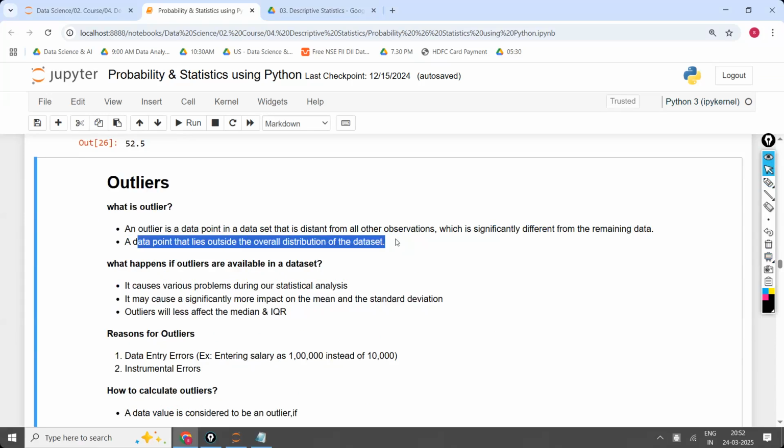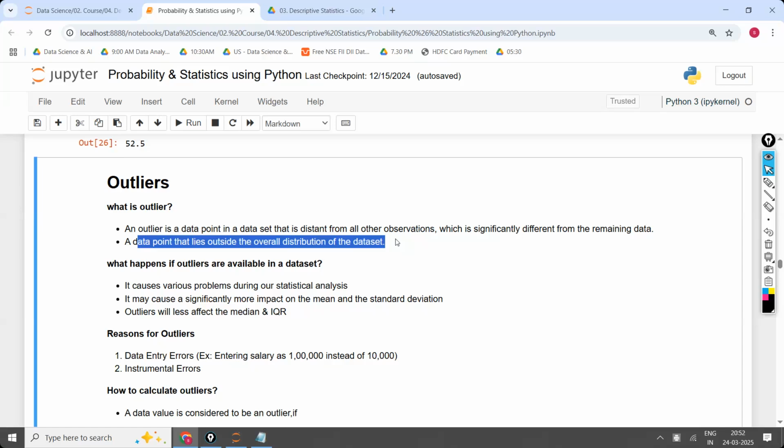As I've told you in one example, in this class, a 50 years old person is there, upper limit. In an old age home, a 25 years old person is there, lower limit. Sometimes a lower side outlier will be there, sometimes an upper side outlier will be there. Both sides outliers are possible. In a company, for example, all the people are getting salaries of 8 lakhs, 9 lakhs, 10 lakhs like this.